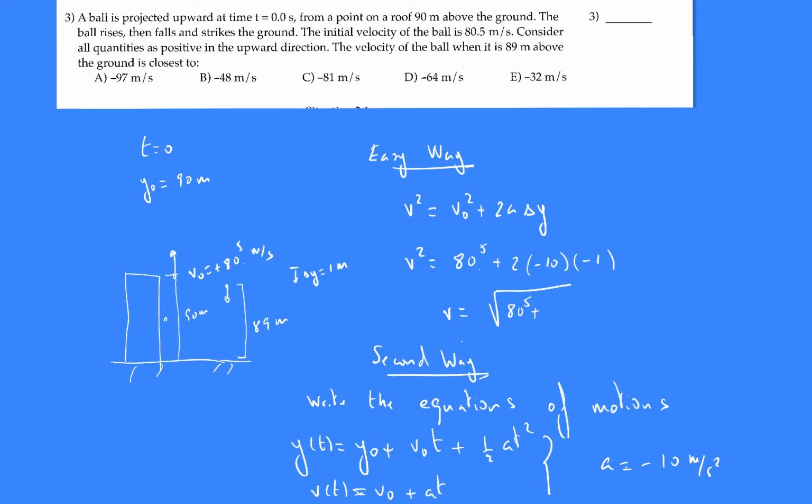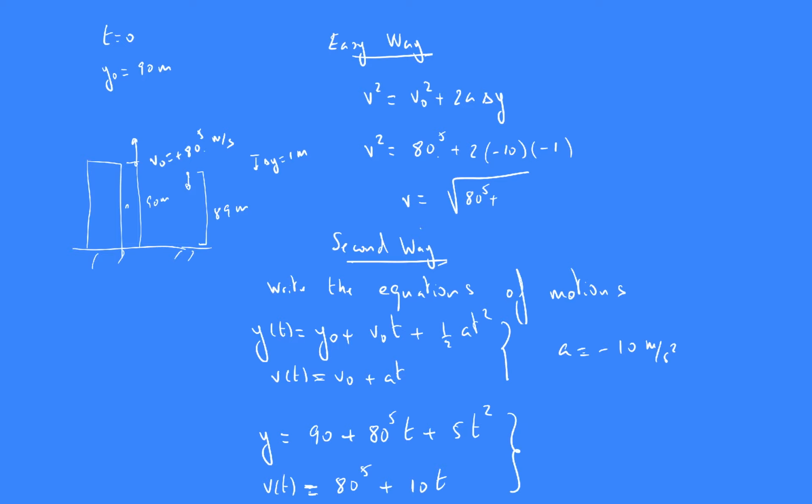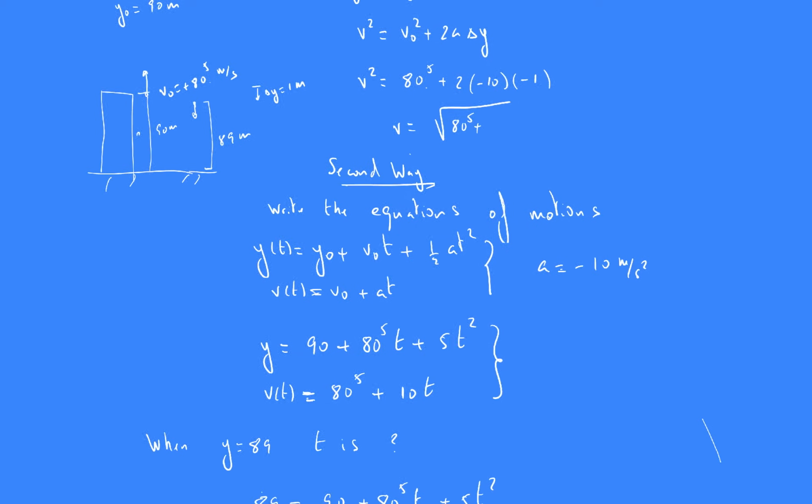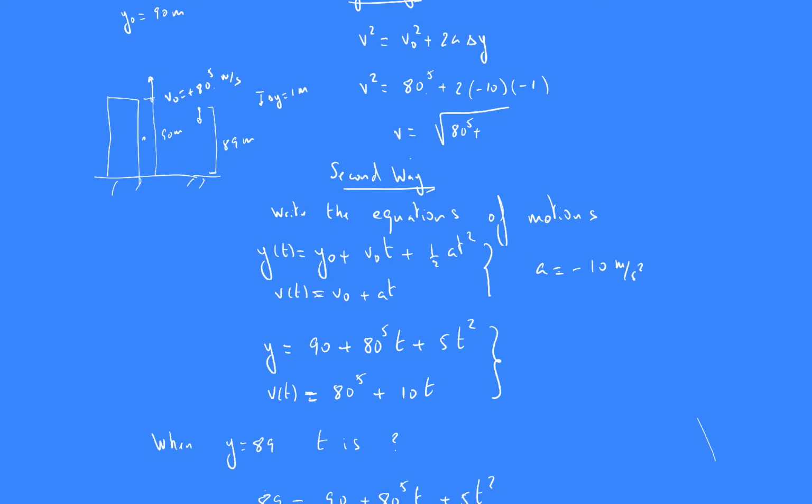But the second way is the way that you need to use to find the velocity, and it is the following. First of all, write the equation of motion. What is the equation of motion? This is a motion with constant acceleration. So the equation of motion is y0 plus v0y times t, plus 1/2 of the acceleration a_y times t squared.